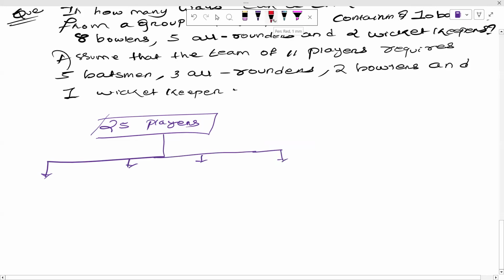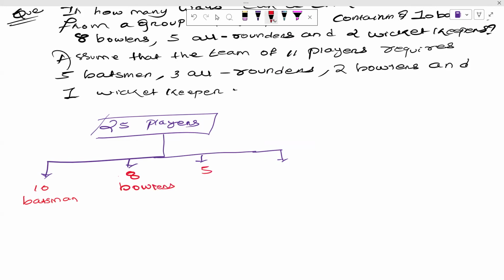Next, 8 bowlers. Now 5 all-rounders. Now 2 wicket keepers. This is the given part.